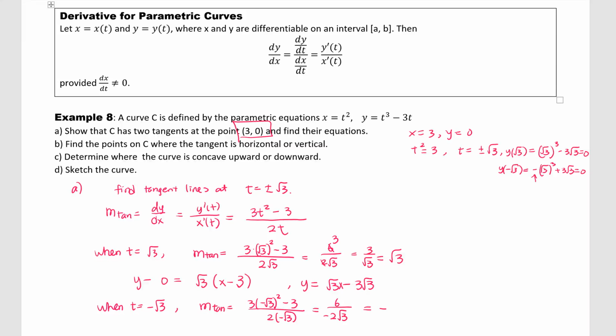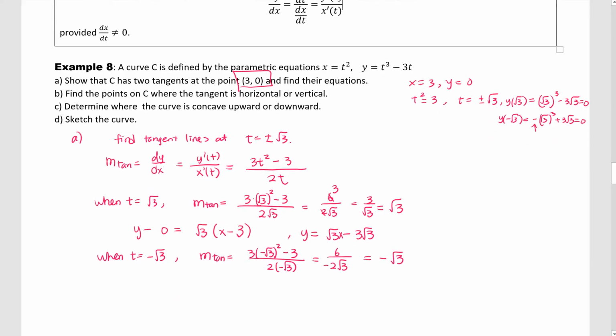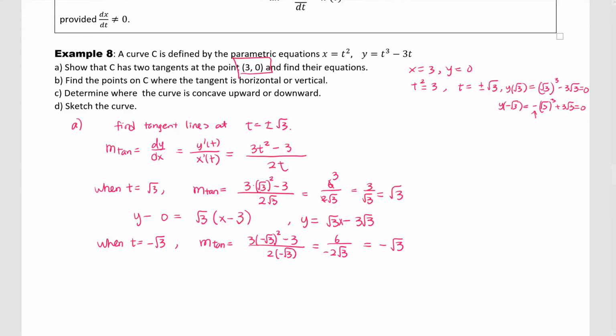Well, that is just the same as before, except we have a minus sign. Okay, and so in our point-slope form, the point is still (3, 0), but the slope now is negative square root of 3. So that's why we get y equals negative square root of 3 x plus 3 square root of 3.